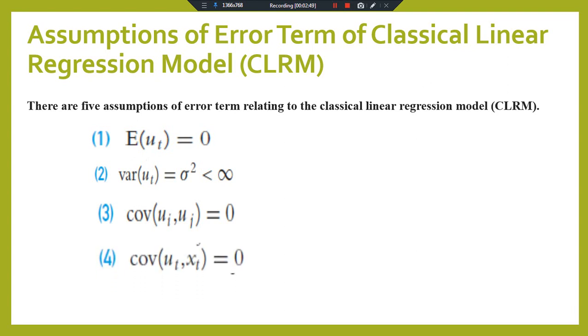Okay, number 4, the covariance of error and explanatory variable. This means that the error and explanatory variable must be independent of each other, so the covariance of error and explanatory variable must be equal to 0.